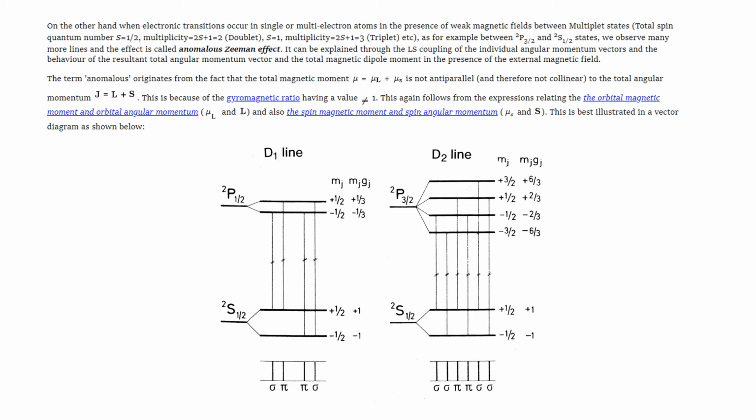This effect is more general than the normal Zeeman effect. Zeeman is restricted only to spin 0, but this is not. It can be explained through LS coupling of the individual angular momentum vectors and the behavior of the resultant total momentum vector, the total magnetic dipole moment in the presence of an external magnetic field.